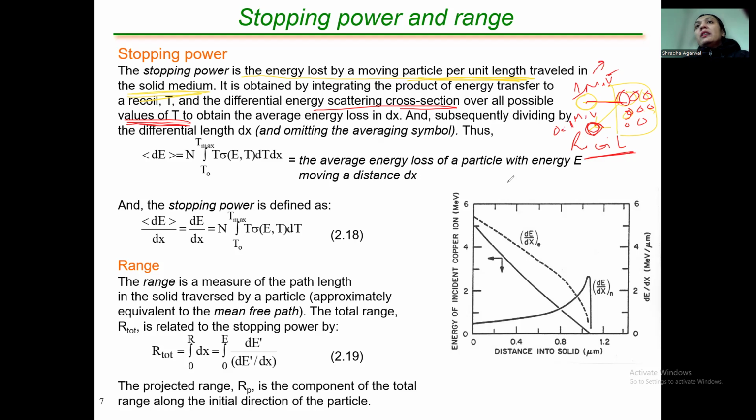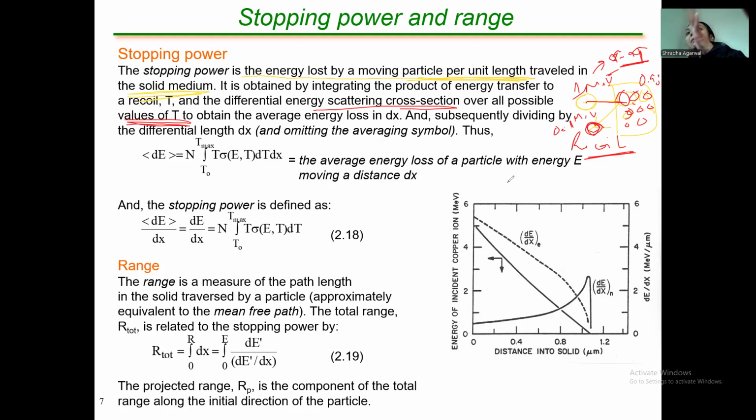its energy is reduced from 1 to 0.99 MeV. Now, at 0.99 MeV, it will have a different interaction probability. Then it will give this kind of energy to this guy, and then further reduces the energy to 0.98 MeV.